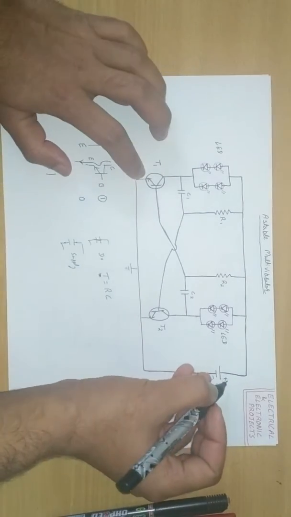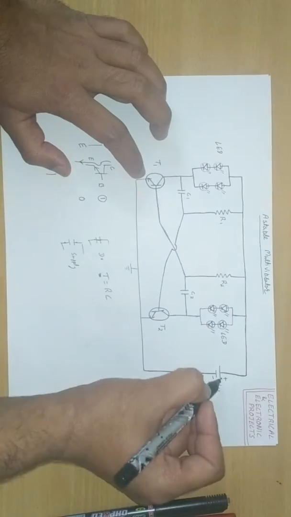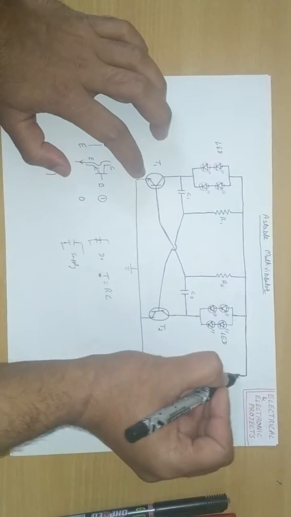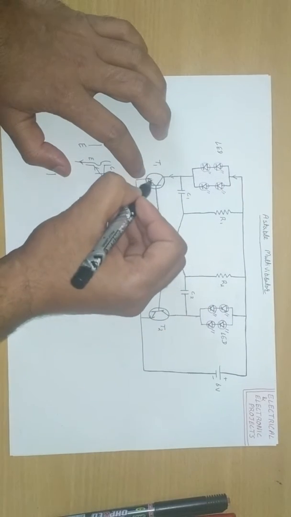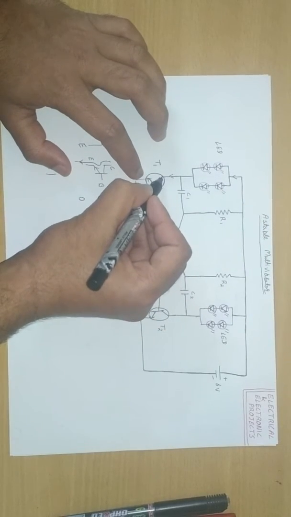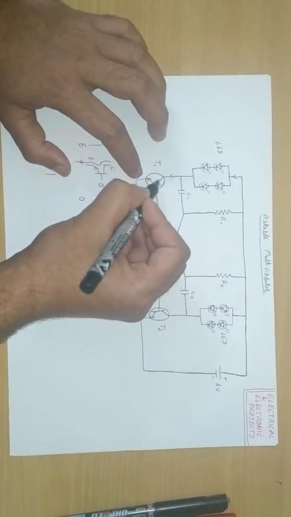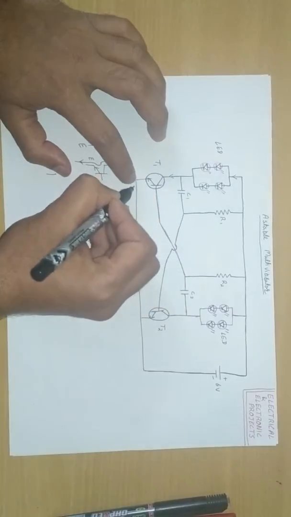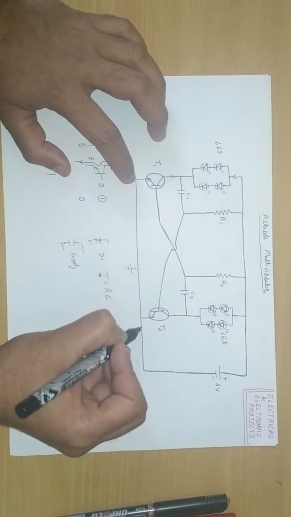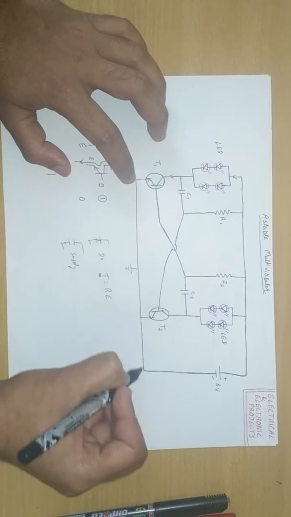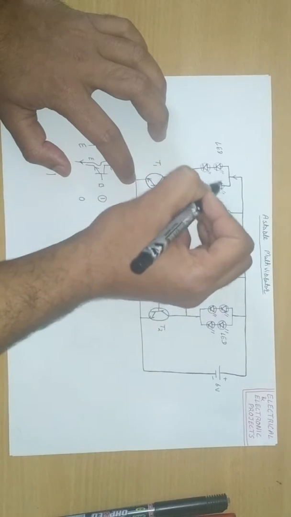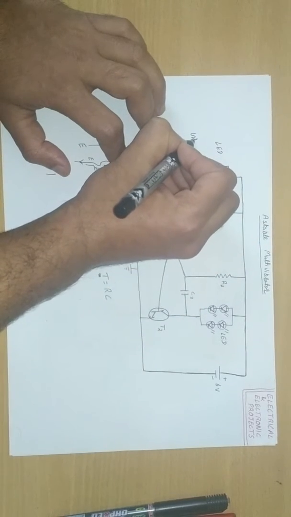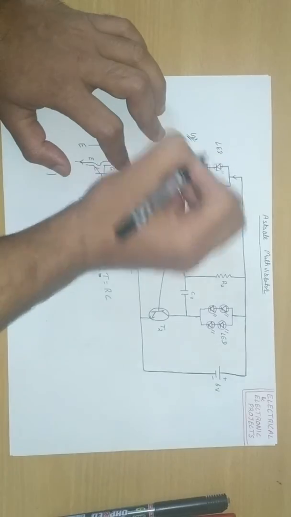When T1 is on, whole current flows from 6 volt here to here and here, because it is on. All current flows through this, which acts as a short circuit, and takes a closed path. When the circuit is complete, then this LED will glow.